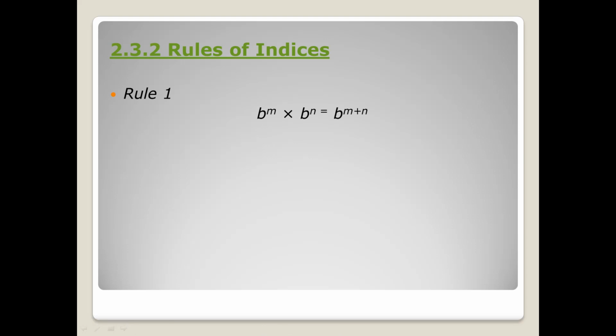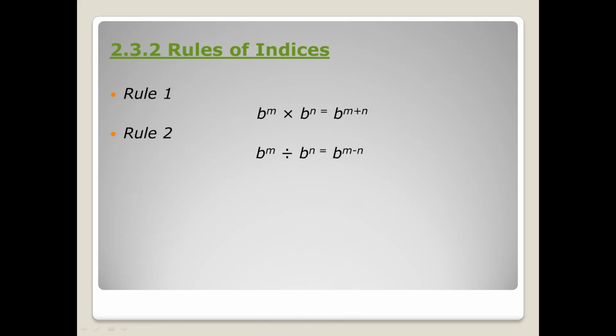So if we multiply 2 numbers, notice here the bases are the same, but the exponents are different, then the answer will be a real number having the same base b, and its exponent is the sum of the exponents m and n. So we add the indices here. So the answer will be b to the power of m plus n.